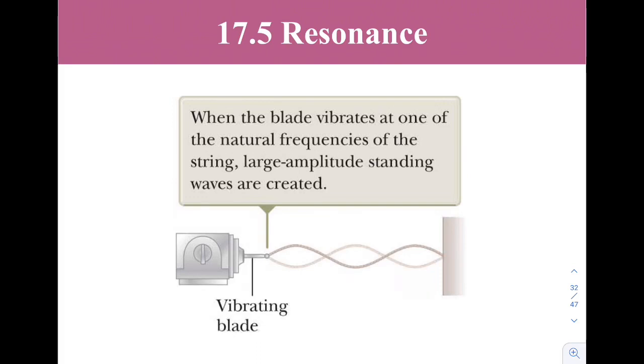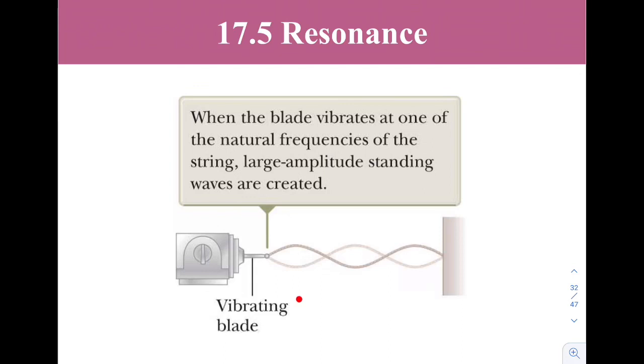Because an oscillating system exhibits a large amplitude when driven at any of its natural frequencies, these frequencies are also known as resonant frequencies. So let's consider this figure now.